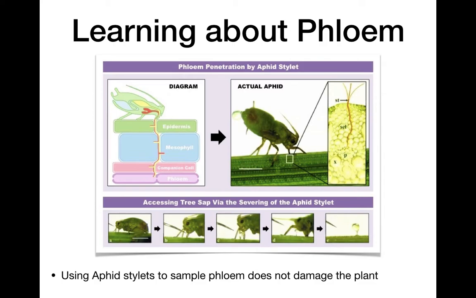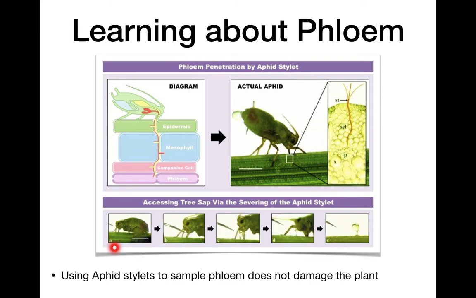So by using aphids, we're able to extract phloem at certain points along a stem without killing the plant. Because of course an aphid doesn't want to kill a plant, it just wants to get some sugar. It's such a small stylet going in, it's not going to really harm the plant in the long term. It'll just remove some phloem from it. So what scientists did is they took aphids and encouraged them on a fairly long stem to put their stylet in and take a sample.